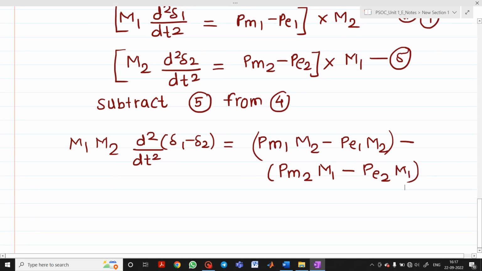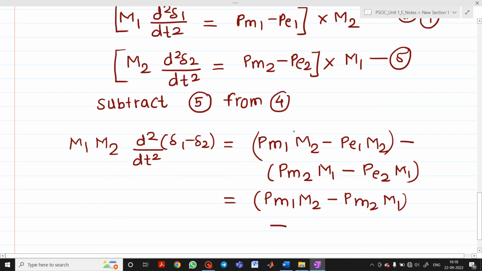If I rearrange, how will I get the equation? I get it as PM1 into M2 minus PM2 into M1. Now what I have done? I have collected the terms of mechanical power together, and if I take the minus sign common, then what will I get?